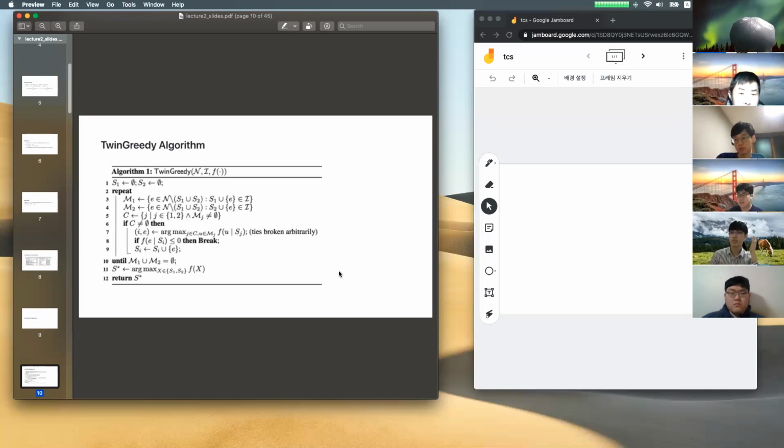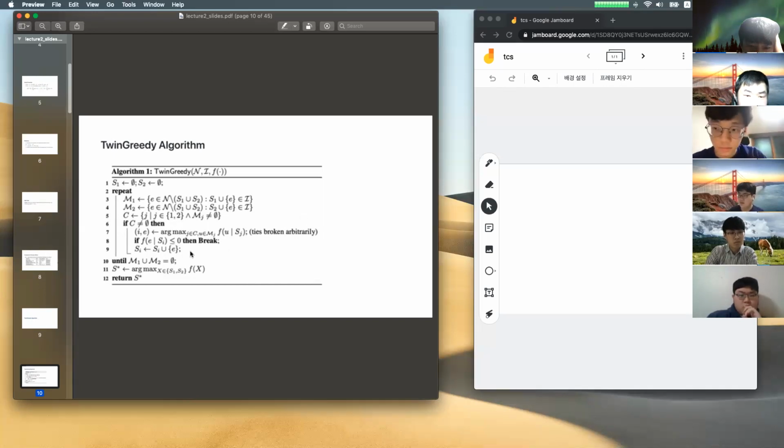This algorithm maintains two solution sets, S1 and S2, and iteratively considers all elements of the set N minus S1 minus S2, and tries to add them to S1 or S2. As you see in this algorithm, among them it picks the one with maximal marginal gain and adds it to one of them.